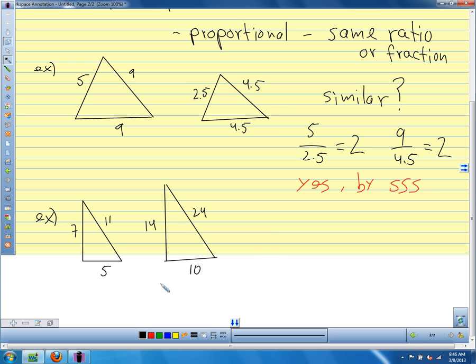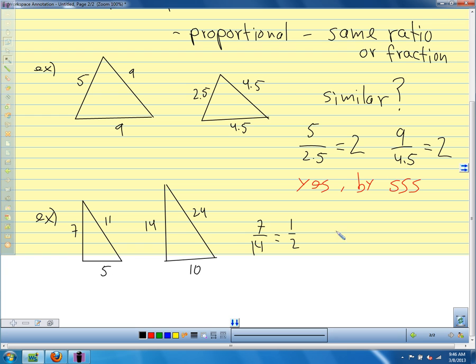We have 3 different sides. What side is going to match up with side length 7? Is 7 the big, medium, or small side? Medium. So which side is the medium side here? 14. 7 divided by 14 is 1/2.